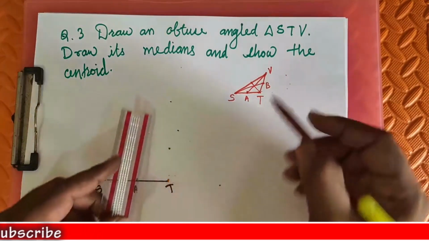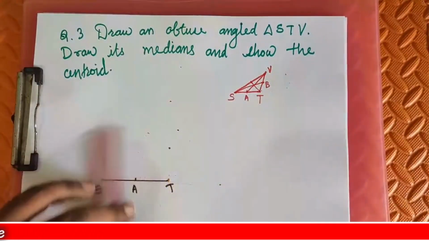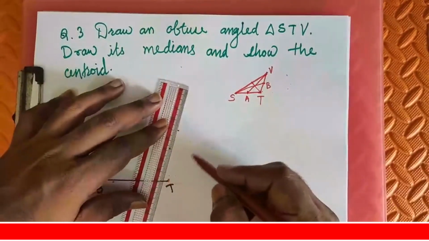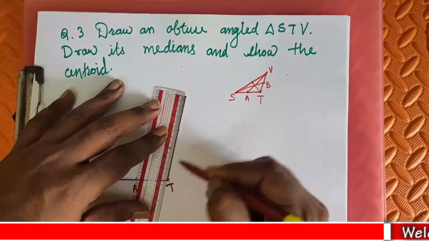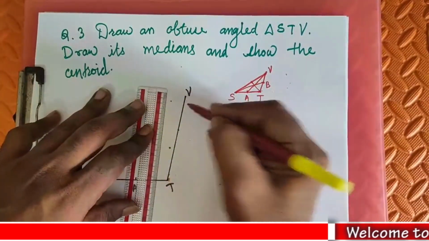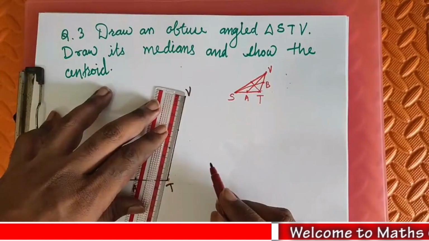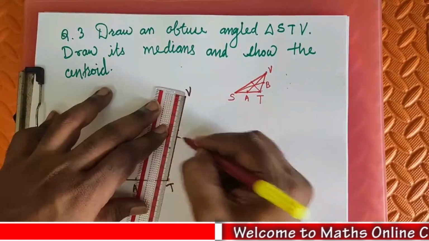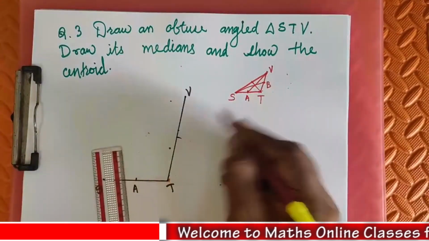I said TV, we have to take 8 centimeter. Take another point at 8 centimeter, and now also measure 4 centimeter. Here 4 centimeter will come, and I will give here name B.